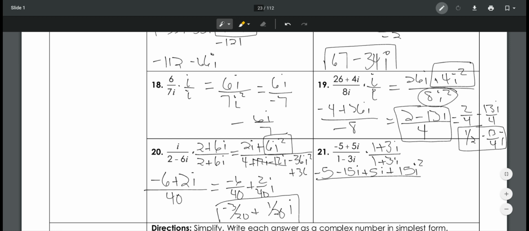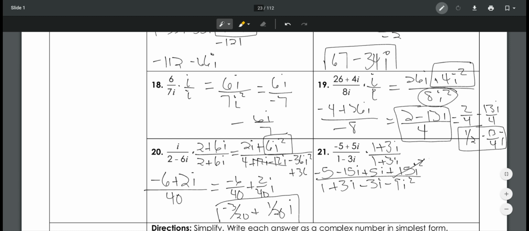I'm going to go ahead and multiply out the complex conjugates in the bottom. 1 times 1 is 1. 1 times 3i will cancel with the negative 3i I get next. And then I get negative 9i squared in the denominator. So I have two i squares that have to be corrected.